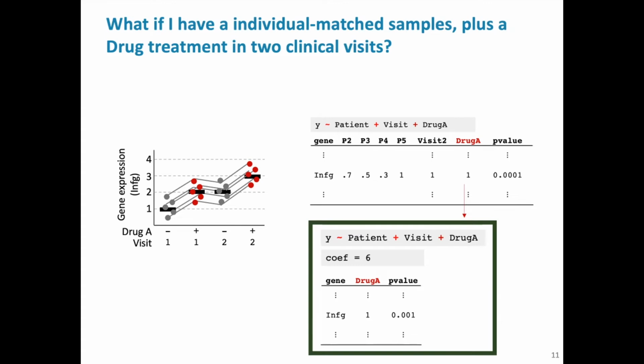Okay. Good. And the second question is, when we use this coef equals 6, can I understand it like this, that we tell the program that it should normalize in a way over the patient and the visit so that we have the true result of the drug? So the coefficient is basically running the test only for that variable. What happens actually is that this table will be generated if you run this model.